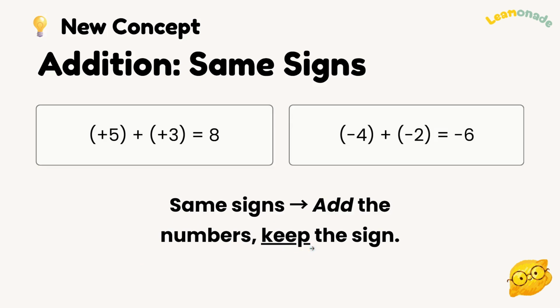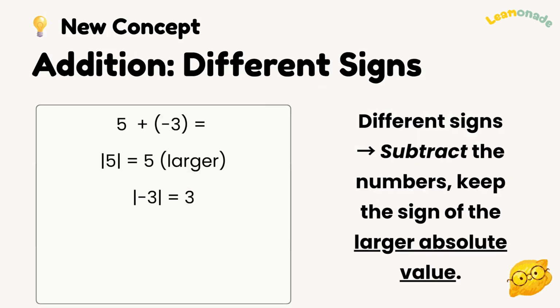Now, let's look at what happens when the signs are different. We have positive 5 plus negative 3. This time, we compare their absolute values. The absolute value of 5 is 5. The absolute value of negative 3 is 3.